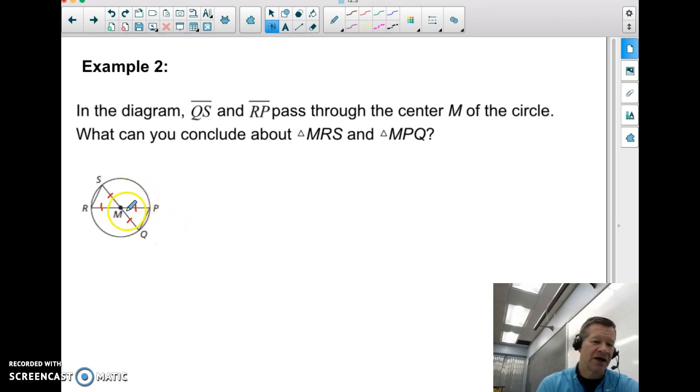Now, this angle PMQ right here also has to be equivalent to angle SMR right there because those angles are vertical. So let me write this down.